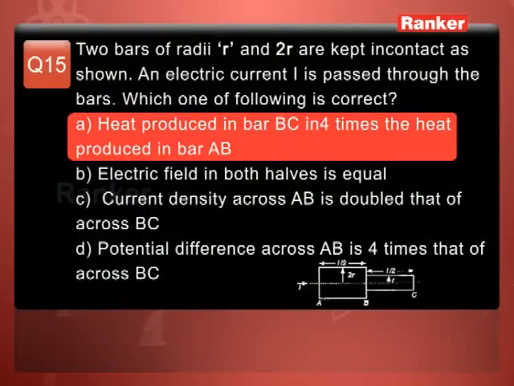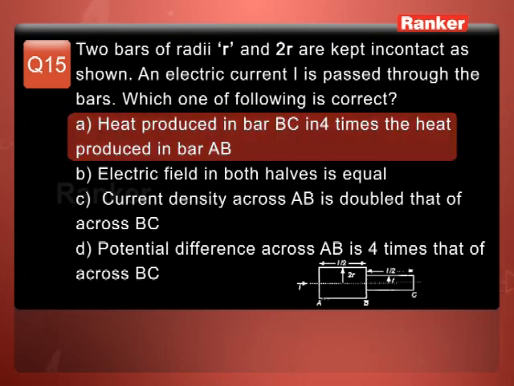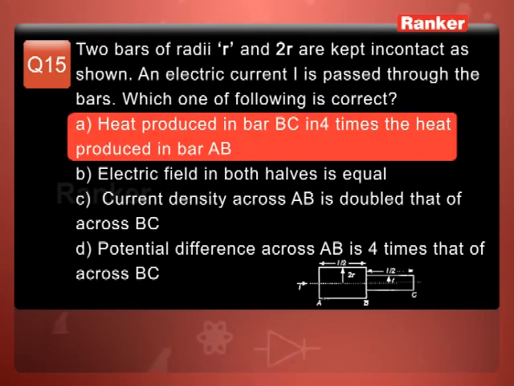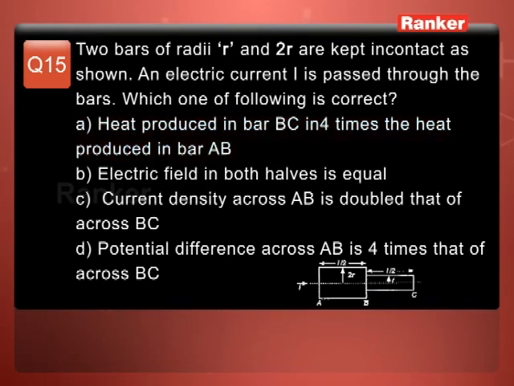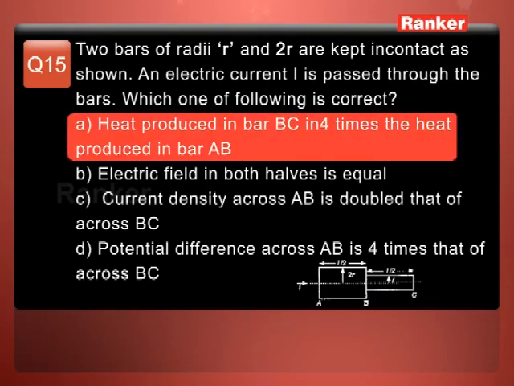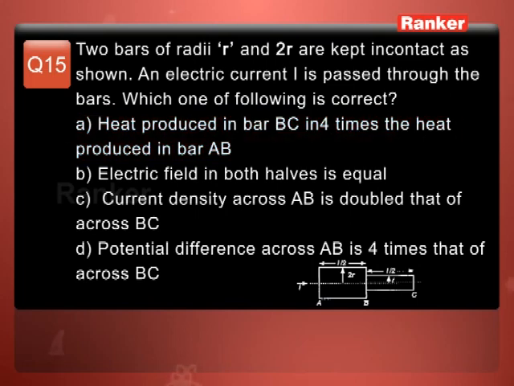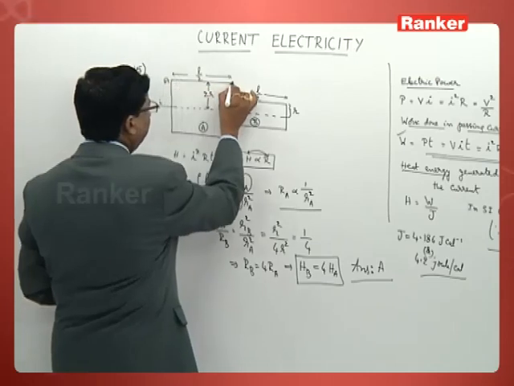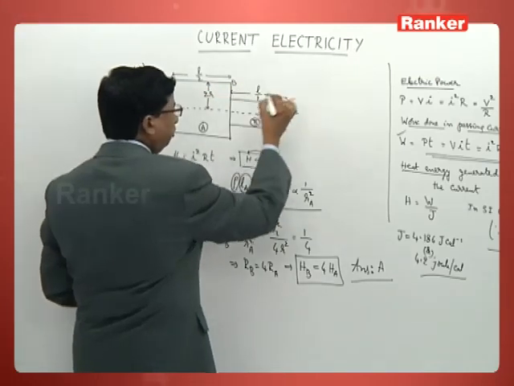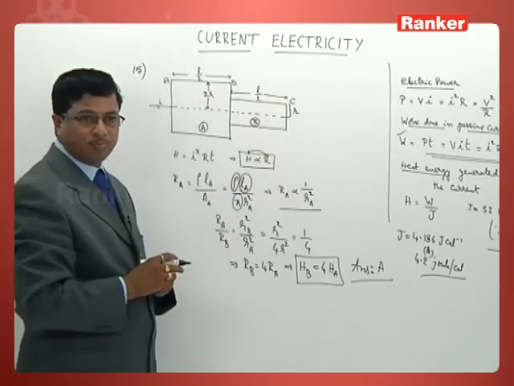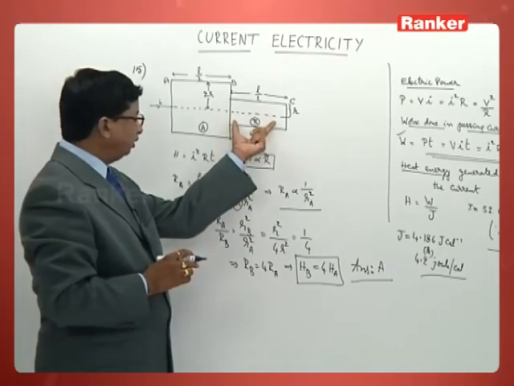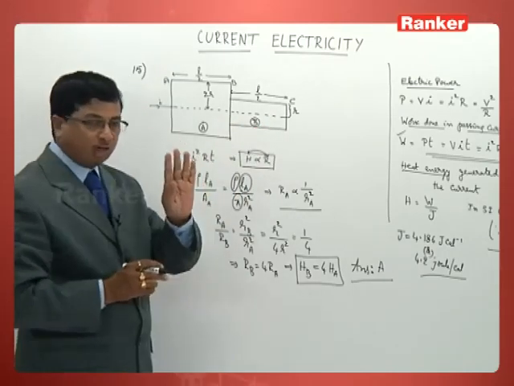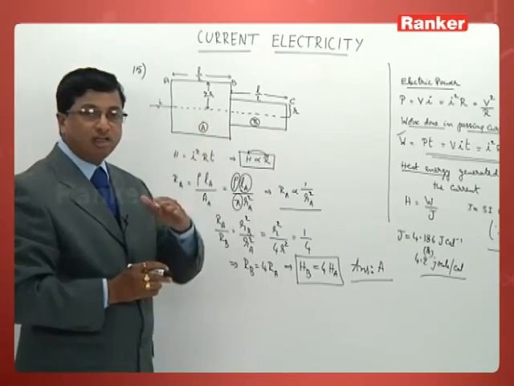So the answer for this particular question is the very first option again. I read out once again. Heat produced in bar BC is 4 times the heat produced in bar AB. So you can definitely understand this is the bar AB he is talking about and this is the bar BC. So the heat generated in the second one is 4 times the heat generated in the first one.